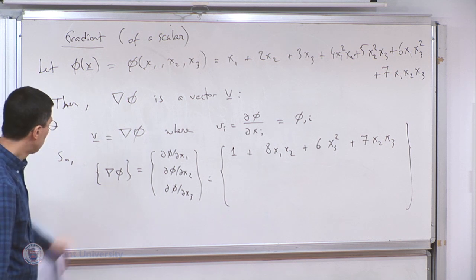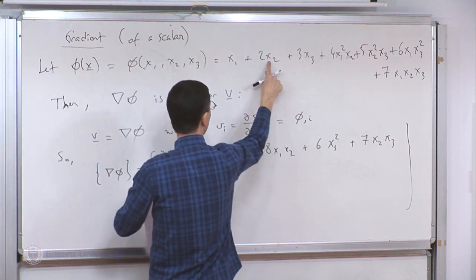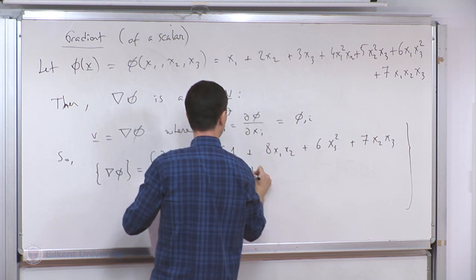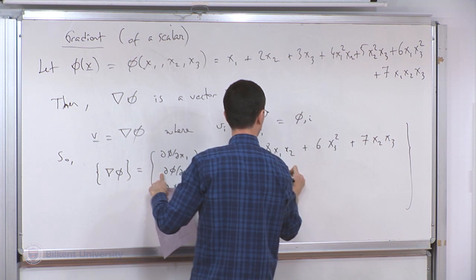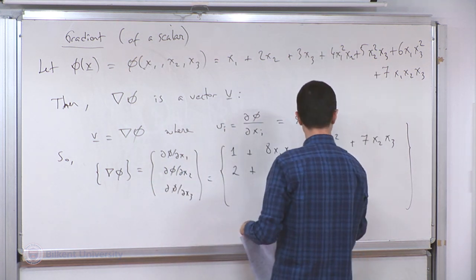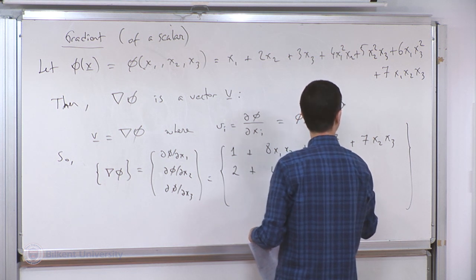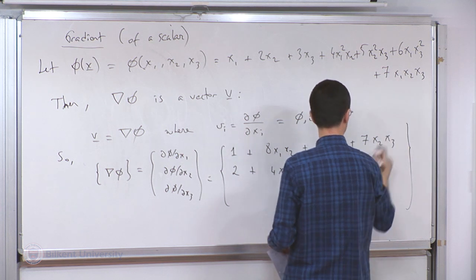Right, and I can continue with the second one, partial derivative with respect to x2. That will give me the second component. So it's 2 plus 4 x1 squared, 10 x2 x3, that's 0, and then 7 x1 x3.